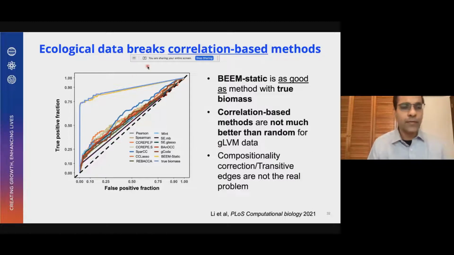Now, the competitor for our approach is really a classical set of methods which are correlation based. So the idea here is that given these taxonomic profiles for many individuals, you can compute the correlation between the abundance of species I and the abundance of species J, where if the two abundances go together, it means that they're correlated, and that correlation might mean they are supporting each other's growth.